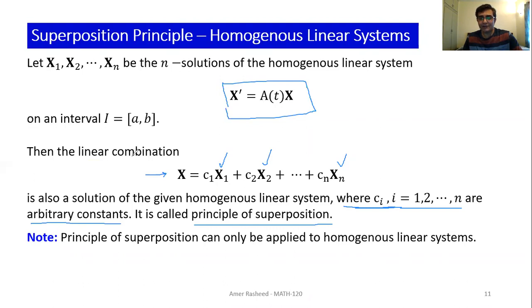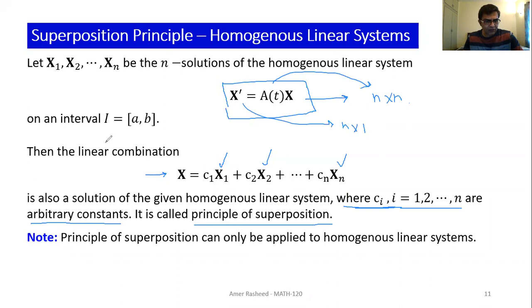N elements, because x is a vector of n cross 1, and this whole system is an n cross n system. This A matrix is n cross n. Therefore, the solution vector must be an n cross 1 vector.